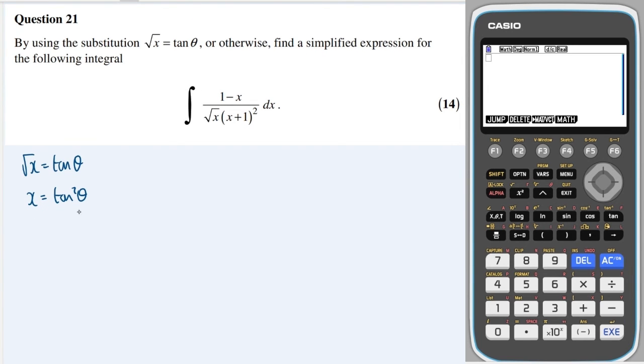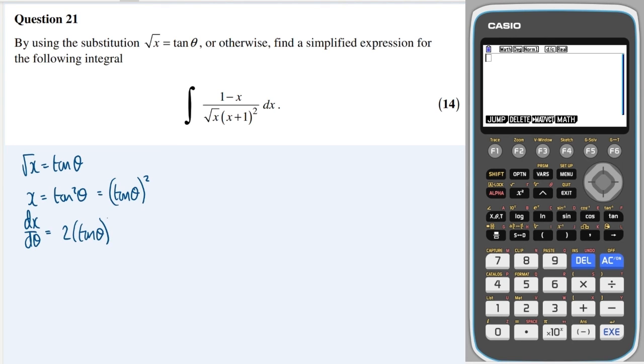Okay, now I need to differentiate this. So on the left hand side I'll get dx by d theta. And on the right hand side, well, it might be a bit easier to differentiate it if I write it like this. And I'm going to do the chain rule, but I'm going to do it quickly without too much notation. So the 2 comes down to the front. The bracket stays the same.